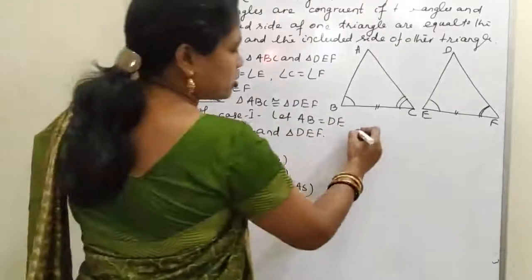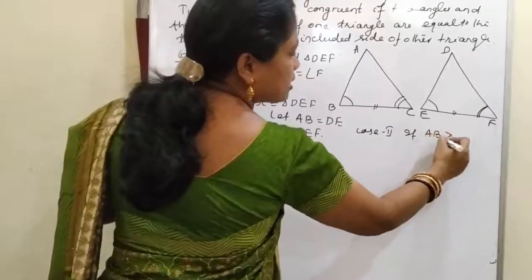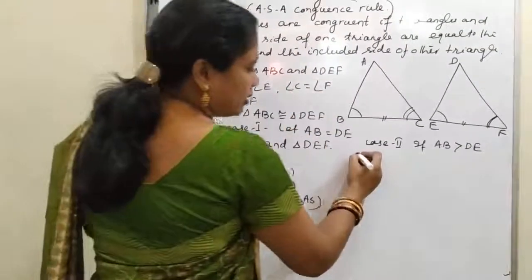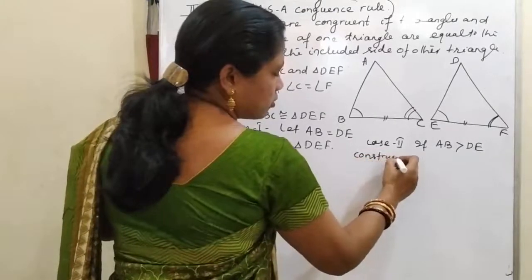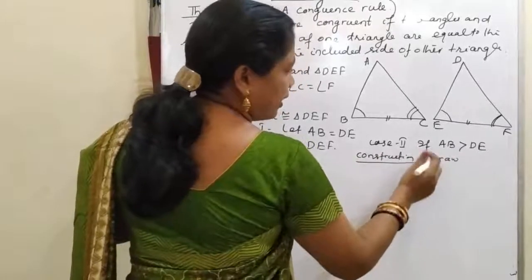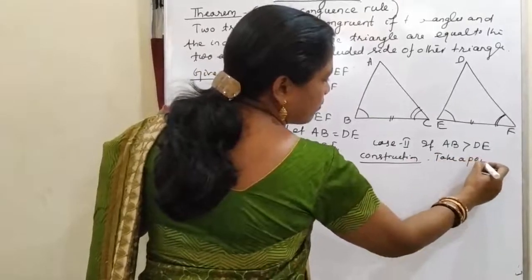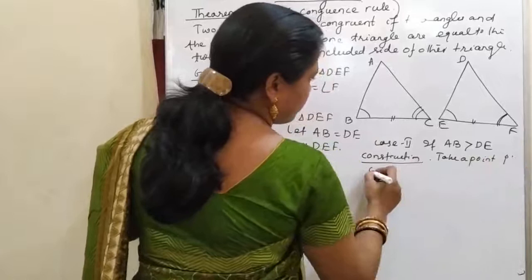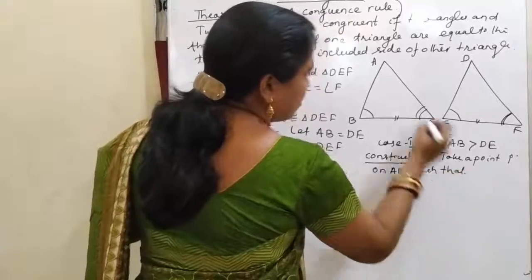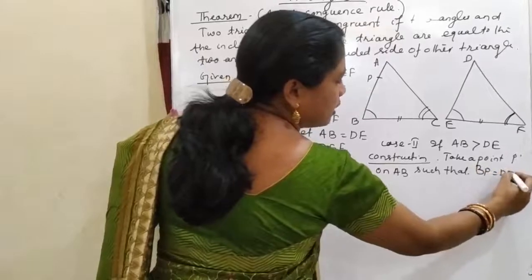Next, case 2. If AB is greater than DE, then construct: take a point P on AB such that BP is equal to DE.